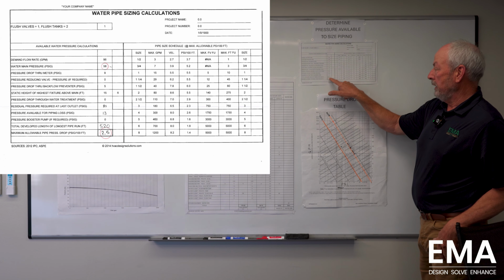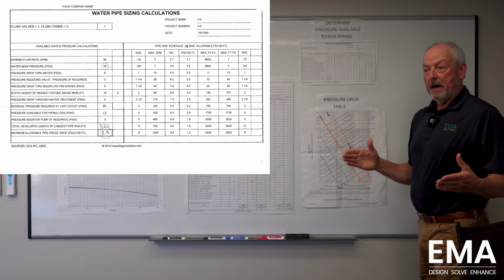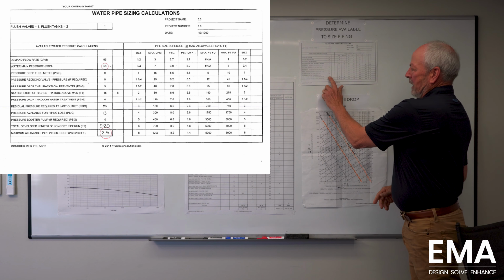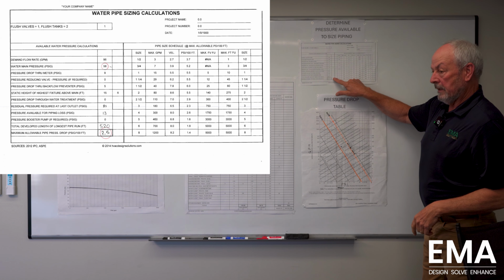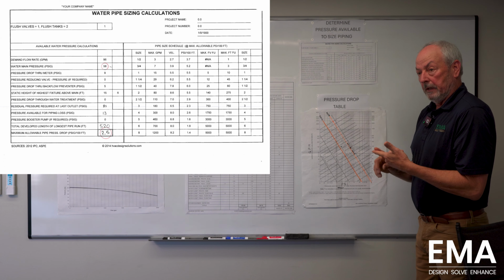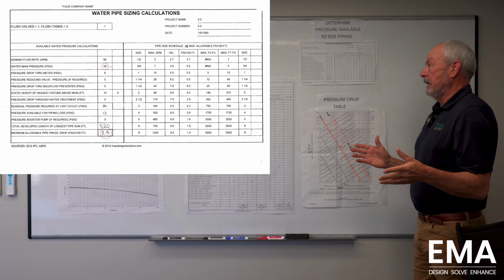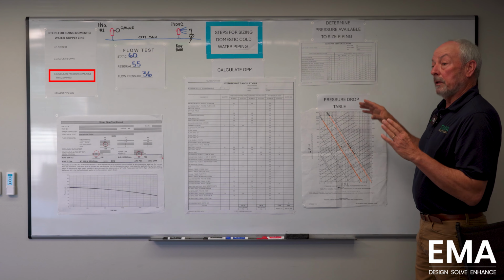Now, this already takes into account the factor you use, which is 1.5. I want to say it's like 360 feet, and then we multiply it times 1.5, and that allows for the fittings, the elbows, the T's, the valves, anything that's going to restrict the pipe or the flow in the pipe.